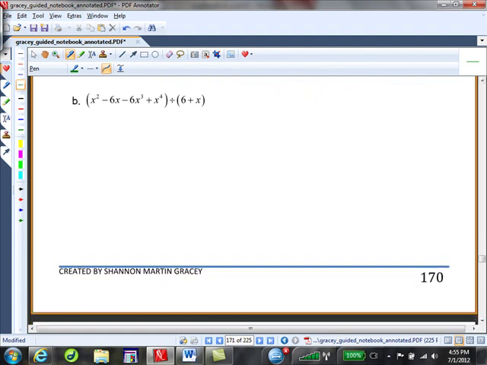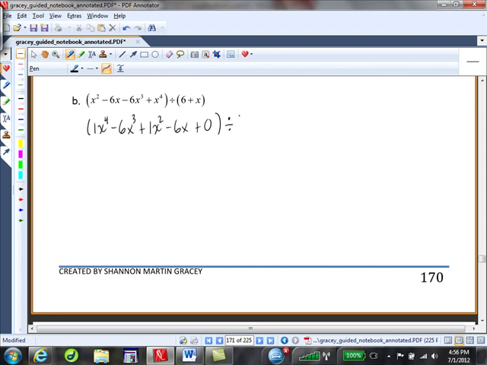Next step, part B. We will have to rewrite this. So we have 1x to the 4th minus 6x cubed plus 1x squared minus 6x, and then you got to do plus 0 because the constant term is missing.